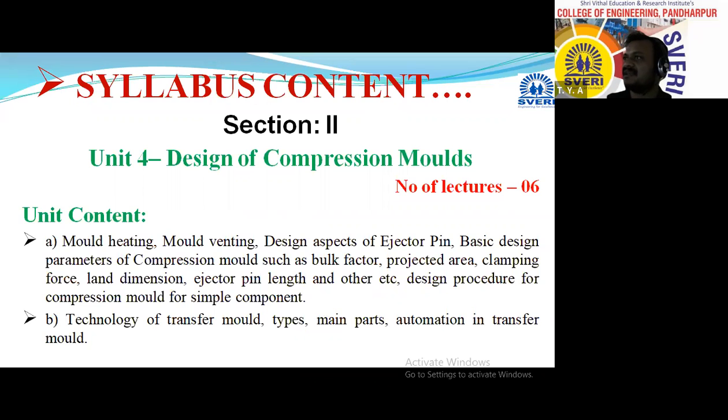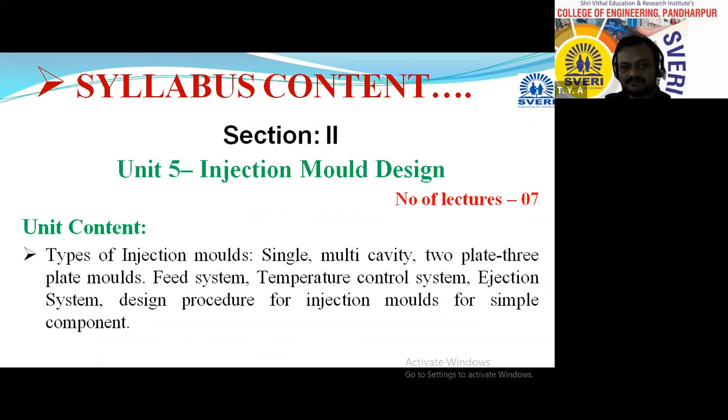That part we are going to discuss in this fourth chapter only. Along with the design of compression mold, here we are going to discuss the transfer molding process, its types, and applications also.